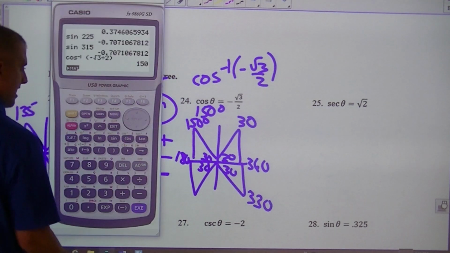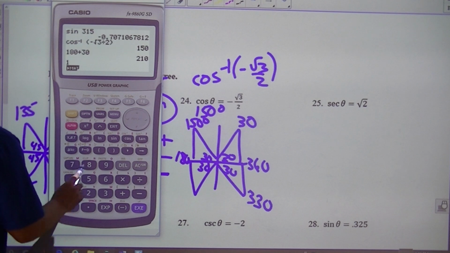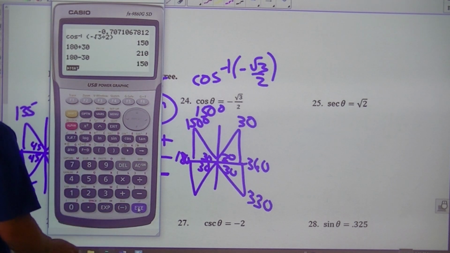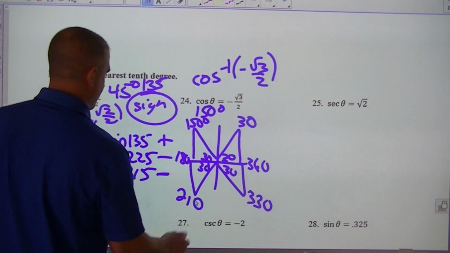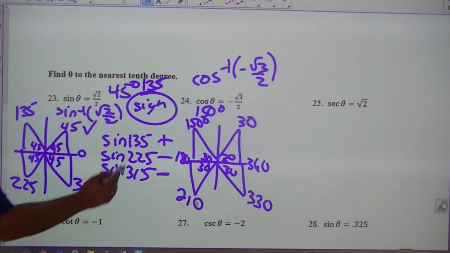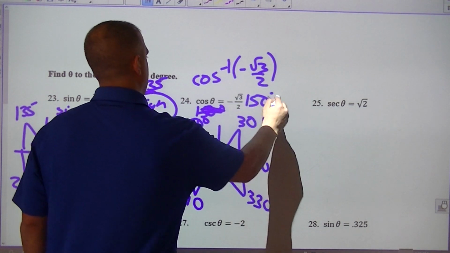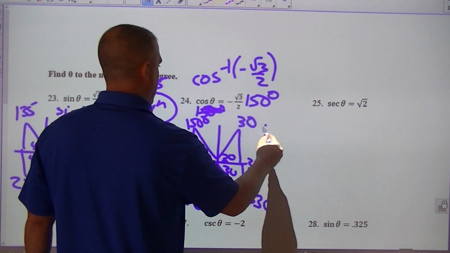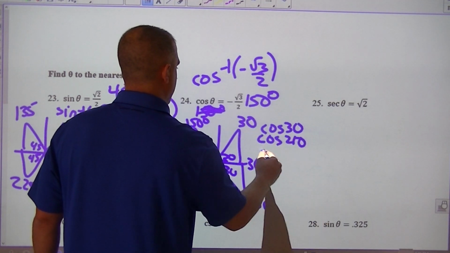Once again, in that area, 180 plus 30, 180 minus 30. I already got 150, and this is going to be 210 over here. So I know 150 worked from the start. All I've got to do is type in cosine of 30, cosine of 210, cosine of 330.